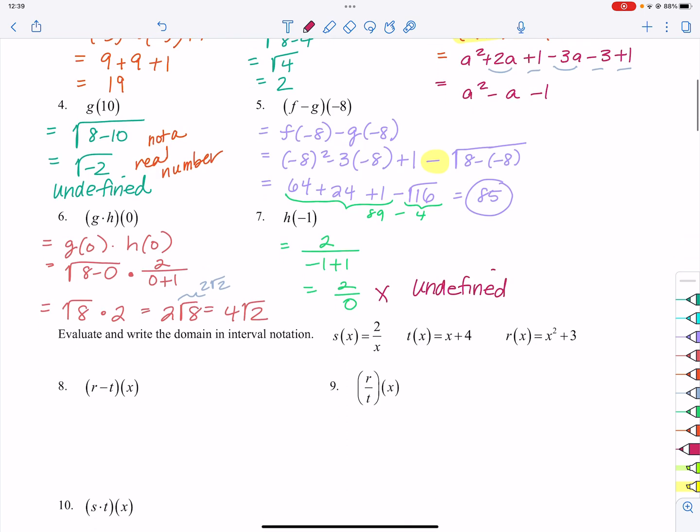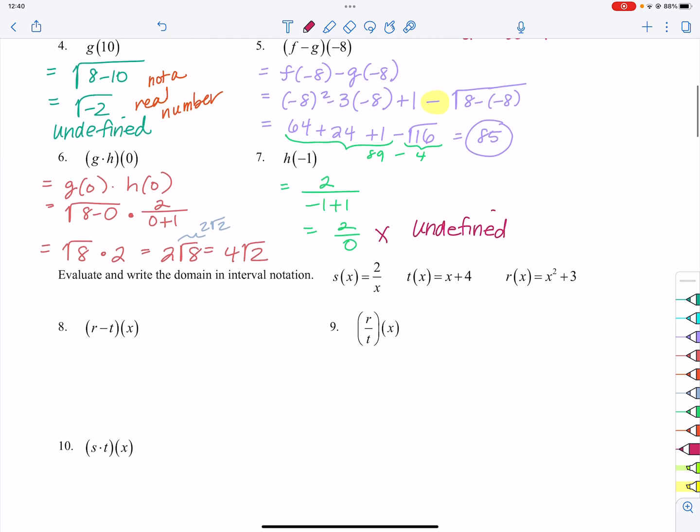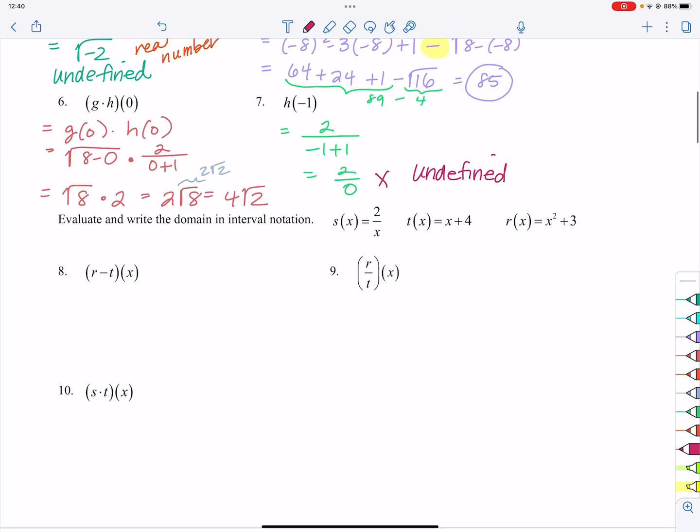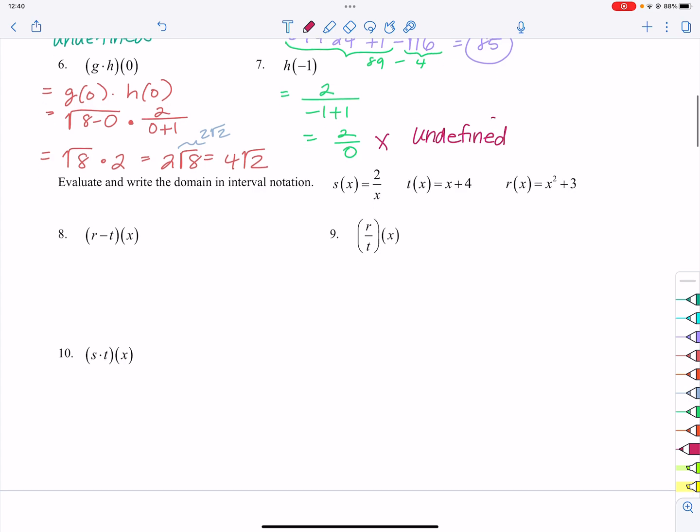Okay, now let's write the domain in interval notation for each one of these operations. So we'll go ahead and begin with r minus t of x. That's defined as r of x minus t of x, and that's equal to x squared plus 3.